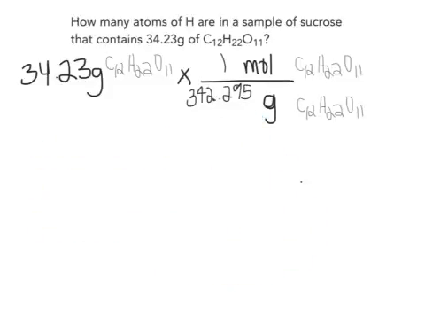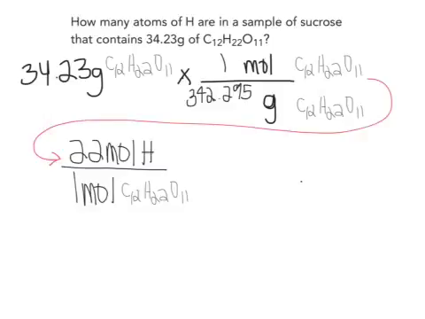From here, we'll multiply by the mole ratio of hydrogen to sucrose. We got 22 moles of hydrogen from the formula sucrose, where it says there are 22 hydrogens. And there are 22 hydrogens in 1 whole mole of sucrose. So that's the ratio.